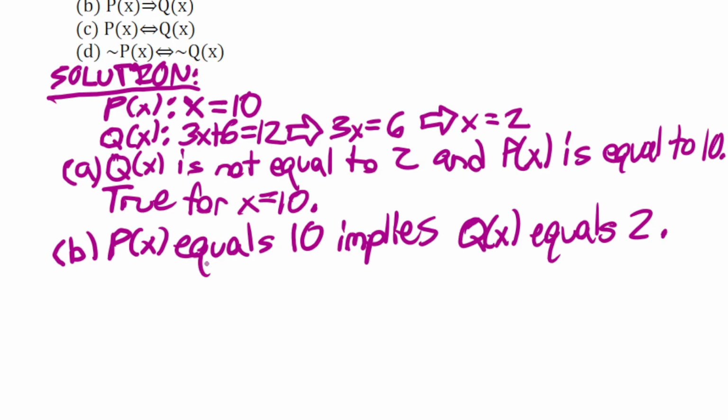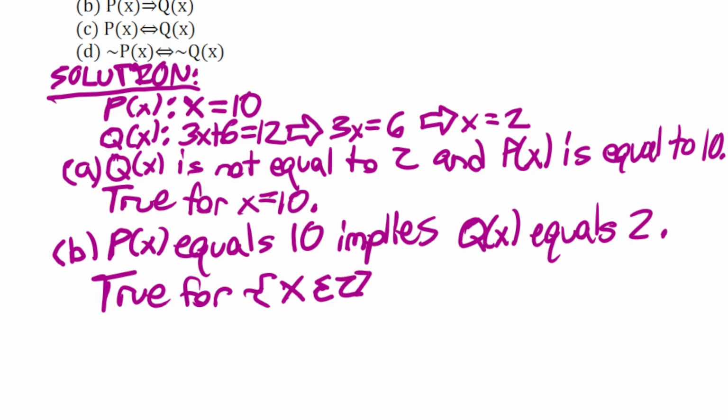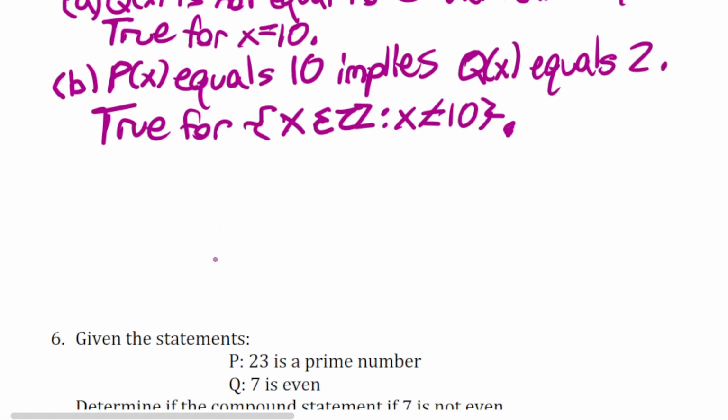And this is true for, we can write this as a set where x is an integer, and the only condition is that x cannot equal 10. So it's basically every integer that's not 10. All right.